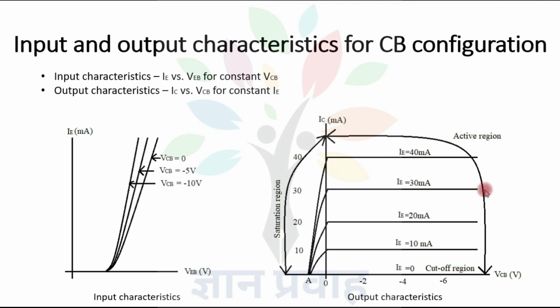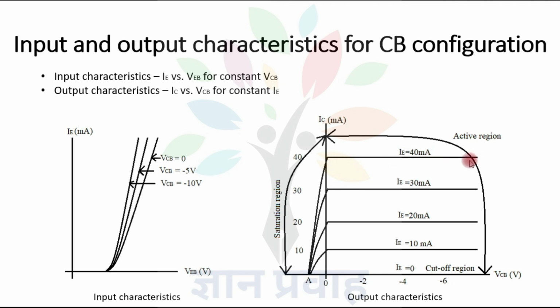And this region is the active region used for amplification purpose. In this region, the input junction is operating in forward bias while the output junction is operating in reverse bias. And for different values of emitter current or input current, the collector current is approximately equal to the emitter current, because the amount of IB or base current is very small.